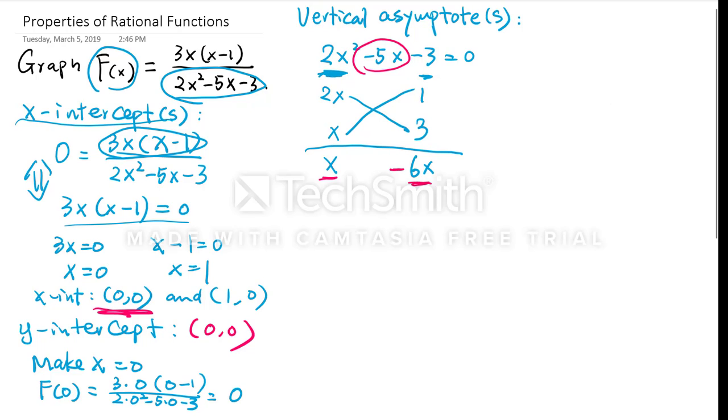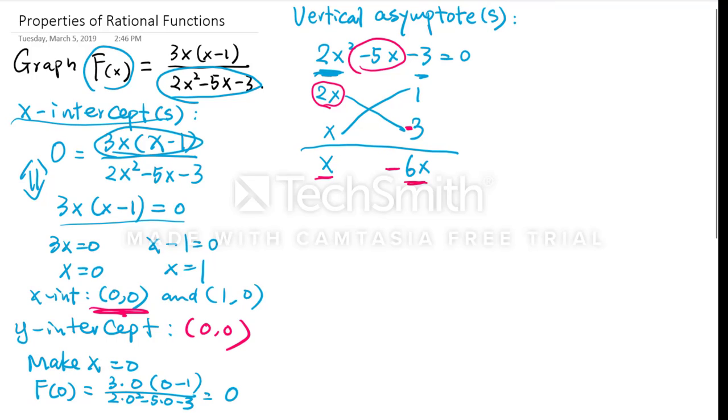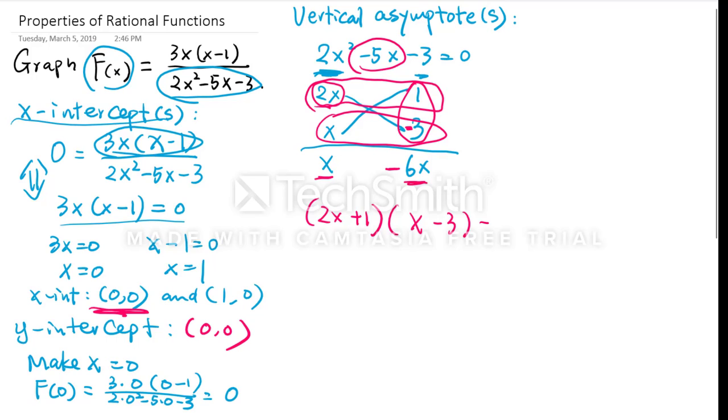So to trace it back, that means this 2x times negative 3 will give me negative 6. Okay, and I will check over here. 1 times negative 3 is negative 3. So this is the right combination. I would factor this trinomial as first row 2x plus 1, and the second factor is the second row x minus 3 equals 0.